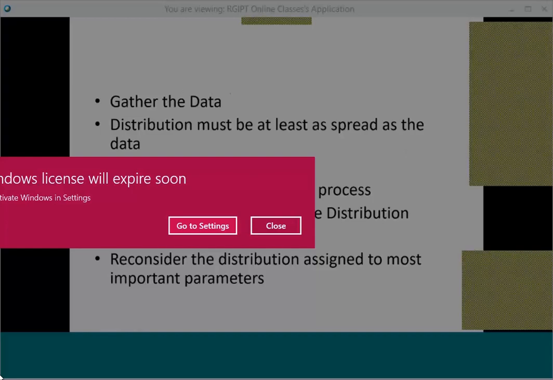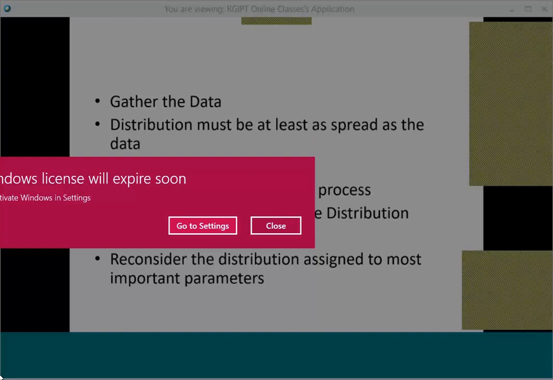So what you do for distribution: gather the data first. The distribution must be at least as spread as the data. Whatever distribution curve you try to fit, it should have those characteristics.